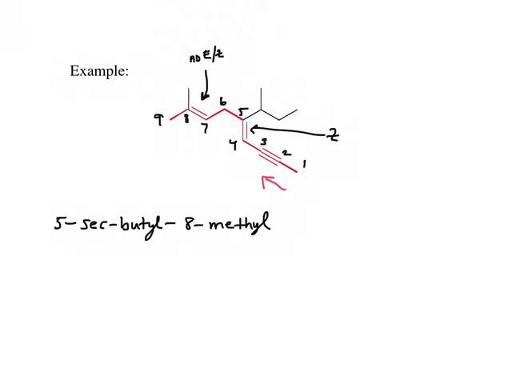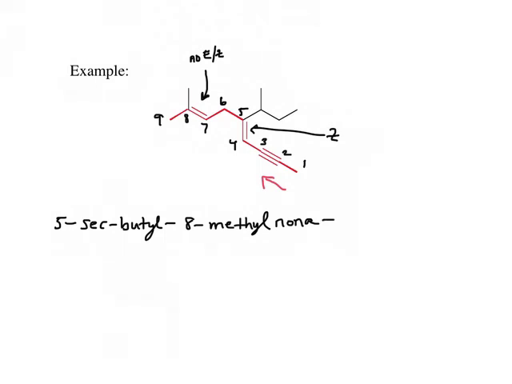Now it is 9 carbons, so it's going to be based on nonane. There are 2 alkenes, so it's going to be a diene and then an yne. So we have non. The next thing to come is that diene, and since D is not a vowel, I need nona.